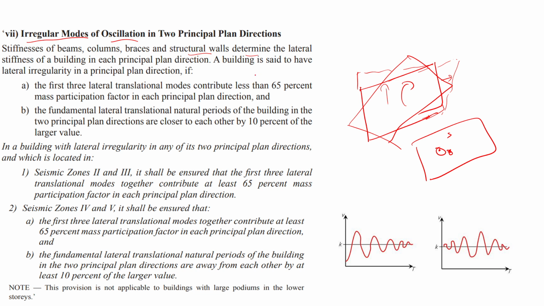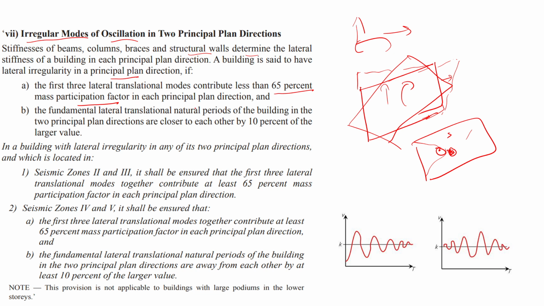A building is said to have lateral irregularity in principal plan direction if the first three lateral translation modes contribute less than 65% of the mass participation factor. The mass participation factor is whatever mass is participating in the distribution of the load, right? If the first three translation modes contribute less than 65%, that means the first movement is like this, then this one, then this one.